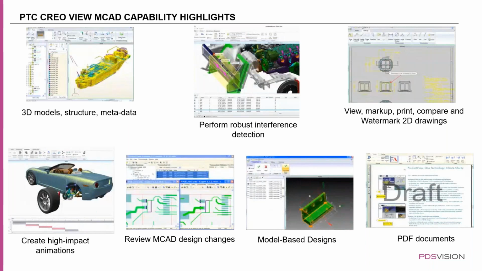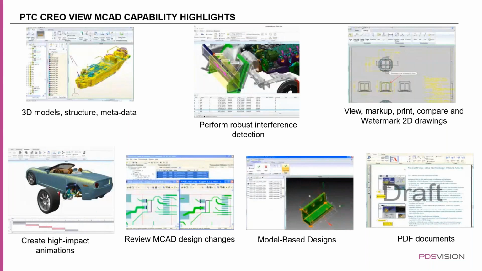Okay. You can also create high impact animations. So with the animations themselves, you can also see how parts will move in reference to each other. You can also check if there'll be any interferences between the parts, which is a major one. You can also review MCAD design changes.